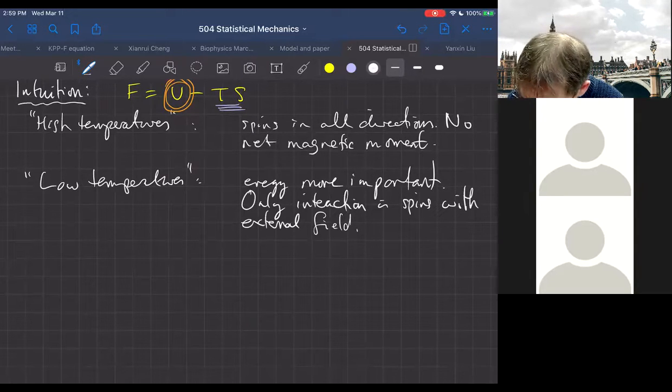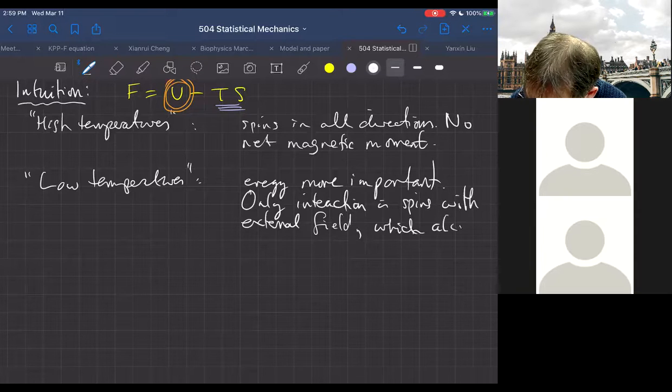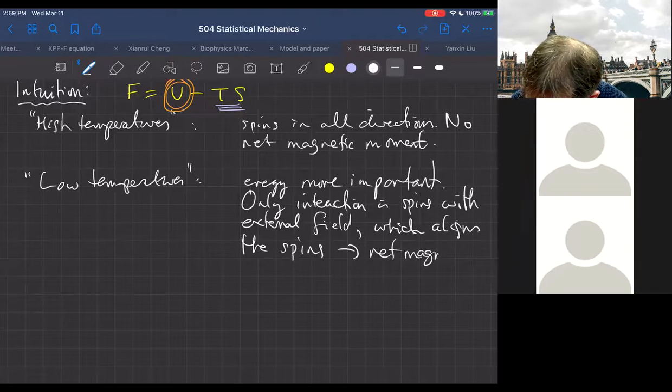The only interaction of the spins is with the external field, which will align them, and that is going to give you a net magnetic moment.